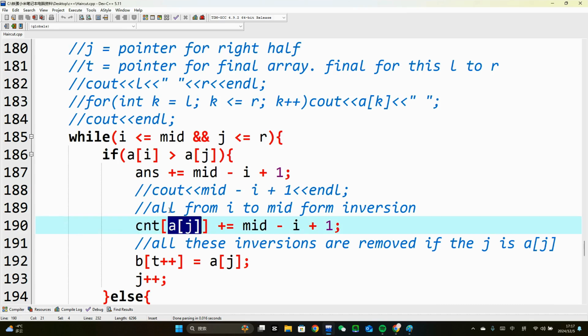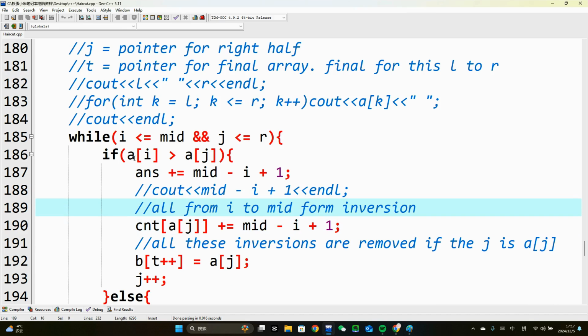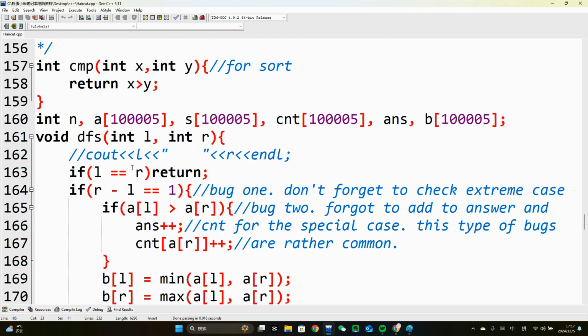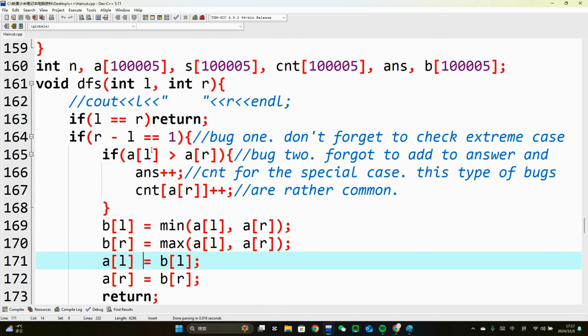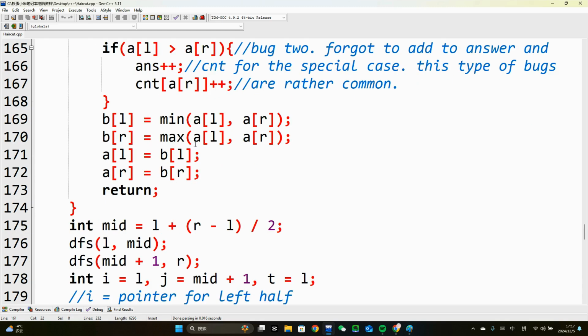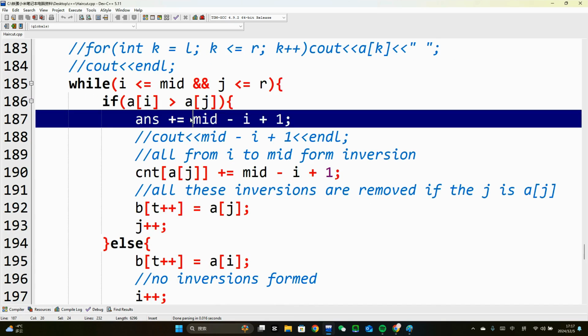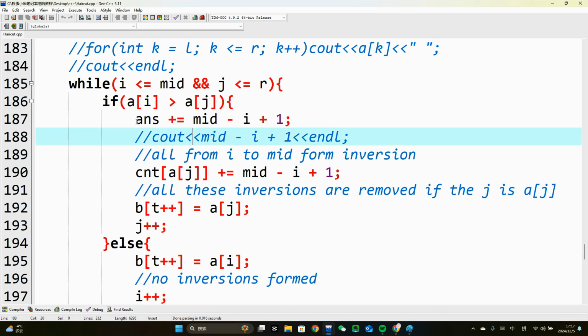Not greater than or equal to aj, but exactly aj. Because we know the inversion algorithm is merge sort. You divide the array region L to R into two sections, L to mid and mid plus 1 to R. If you know this algorithm for finding inversions, you should know how this works.